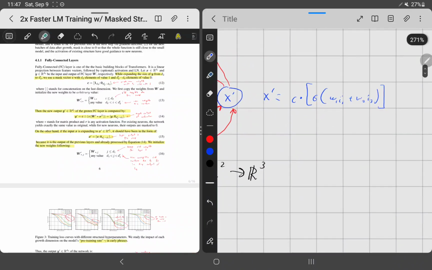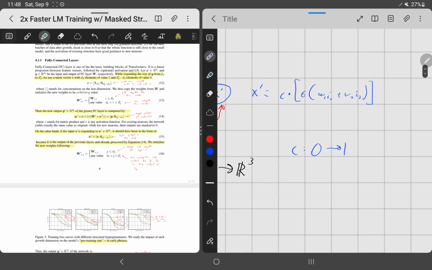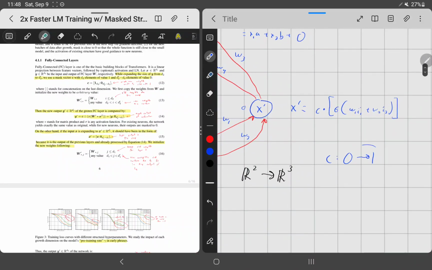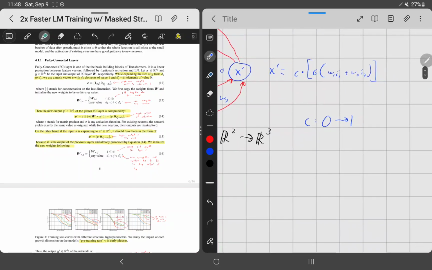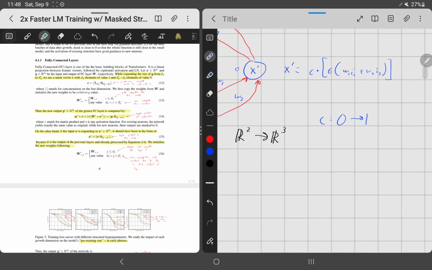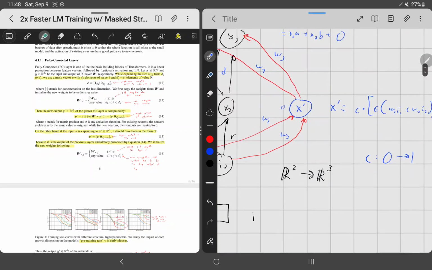So what they do is they slowly change this C from 0 to 1 over time, according to some scheduler. It's some linear interpolation between 0 and 1. And they do this over, say, 5,000 steps. So at step 0, this would be 0. At step 5,000, it'll be a 1, meaning that this node is fully active and can send information to its fullest potential, I suppose.